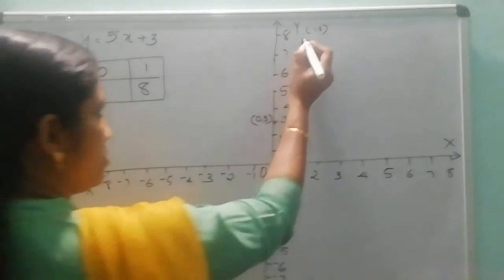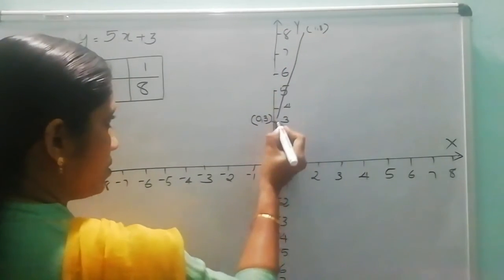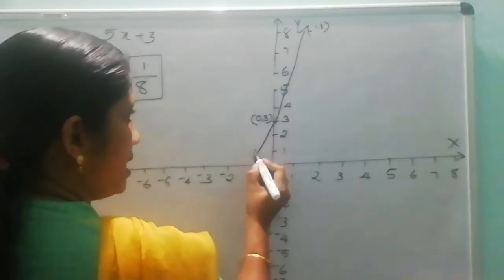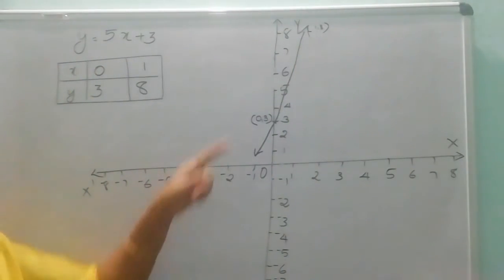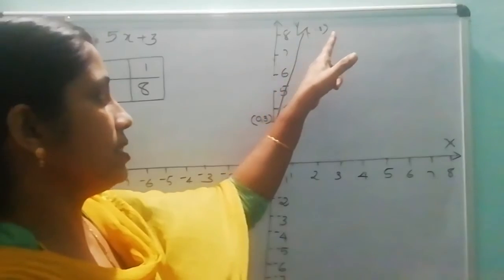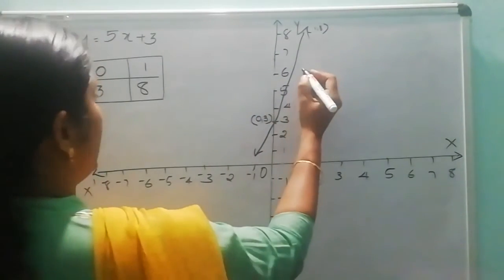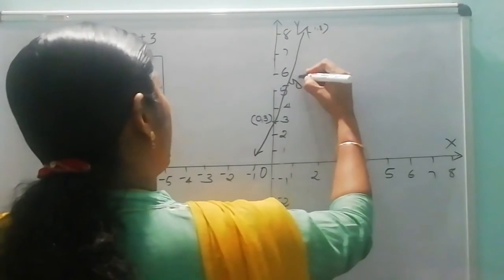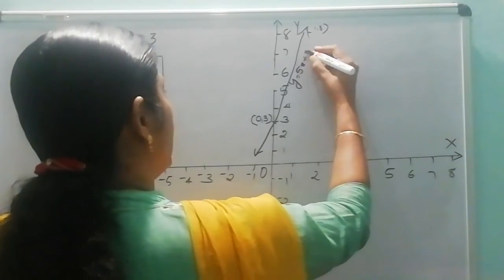It will be a straight line, the graph of y is equal to 5x plus 3. This is the solution.